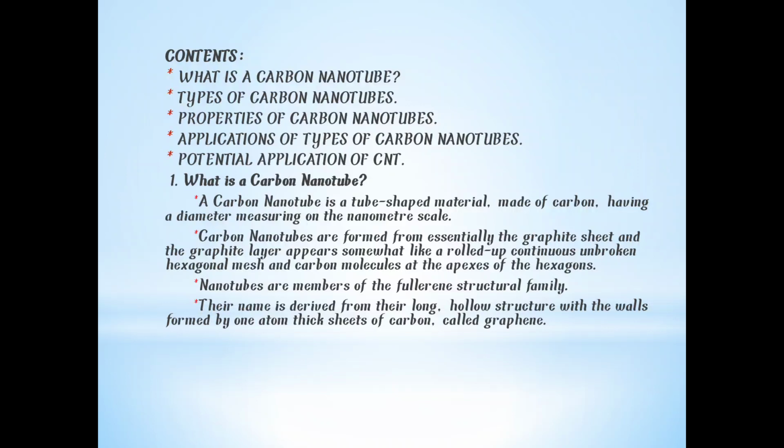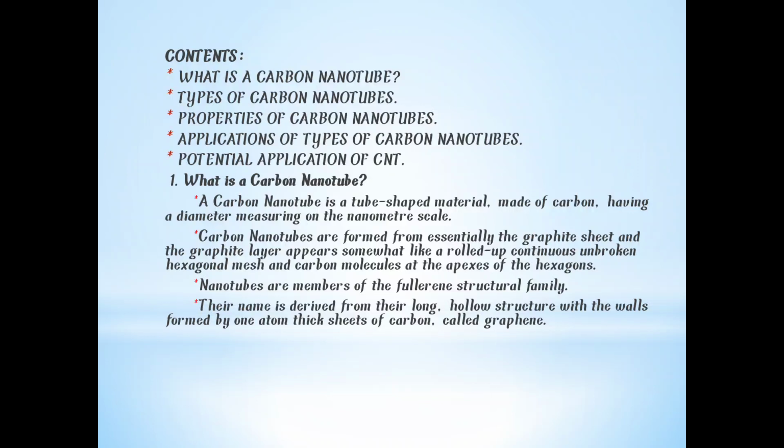A carbon nanotube is a tube-shaped material made of carbon, having a diameter measuring on the nanometer scale. Carbon nanotubes are formed from essentially a graphite sheet, and the graphite layer appears somewhat like a rolled up, continuous, unbroken hexagonal mesh, with carbon atoms at the apexes of the hexagons.